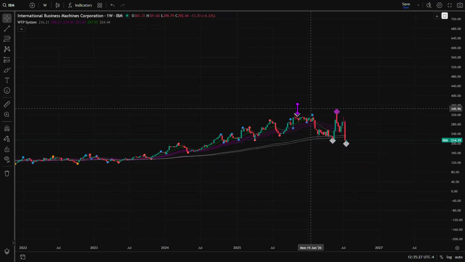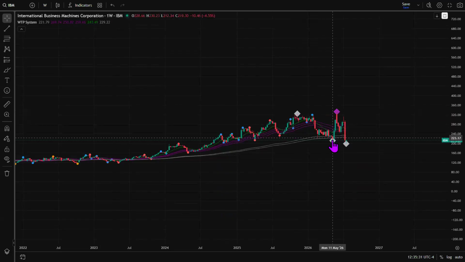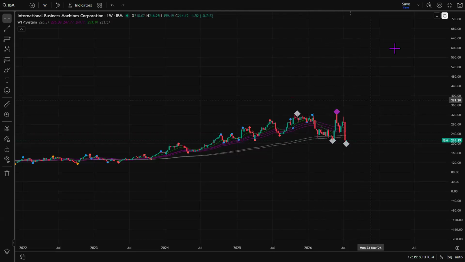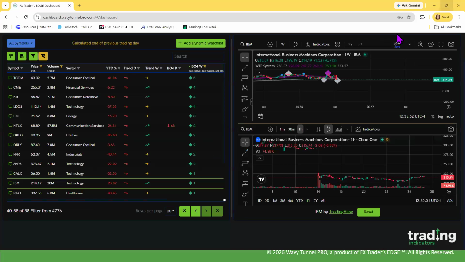This was the purple semaphore. We came down. We did have a signal back here, and then we made a new high, and we came back down again. So very, very volatile. We're at a really critical juncture here. Are we going to hold it or not? Let's just leave this for now.